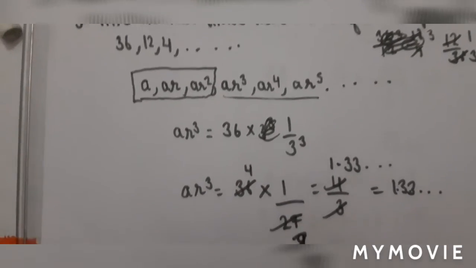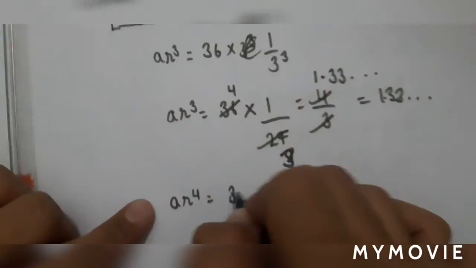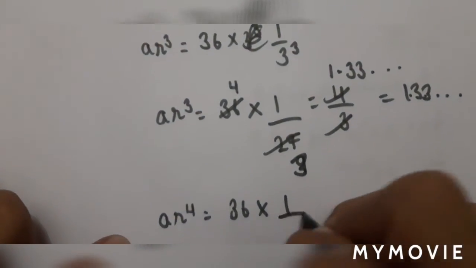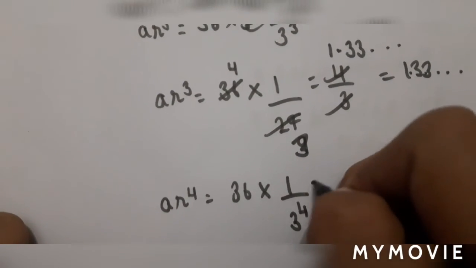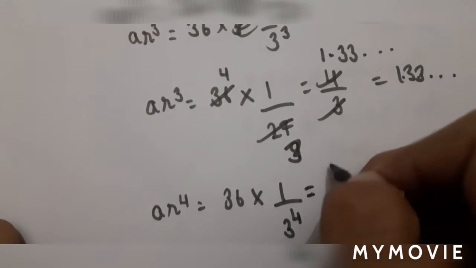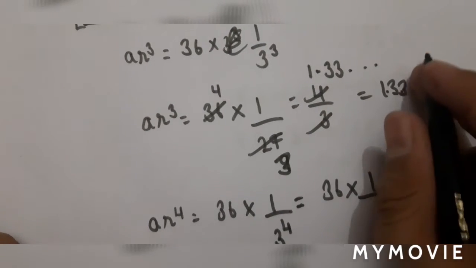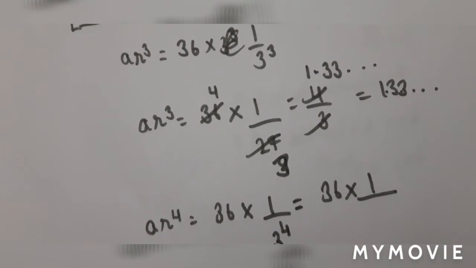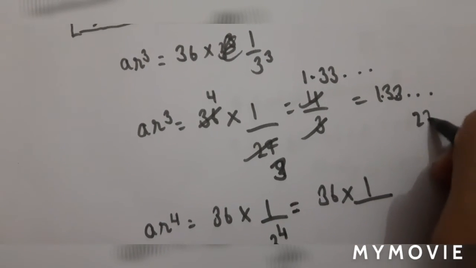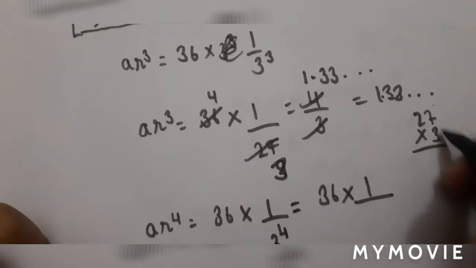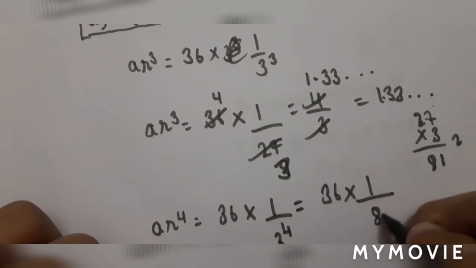So let's find the next, A R to the power of 4. The first term is 36, into 1 by 3, the common ratio, to the power of 4. 3 to the power of 4: 3 threes are 9, 9 threes are 27, 27 threes are 81.